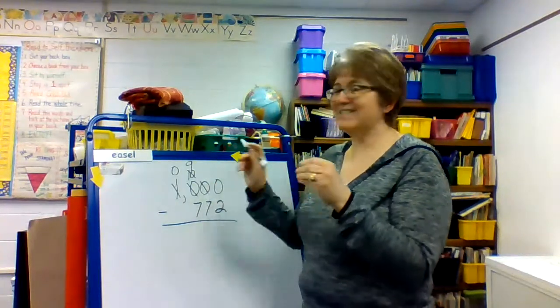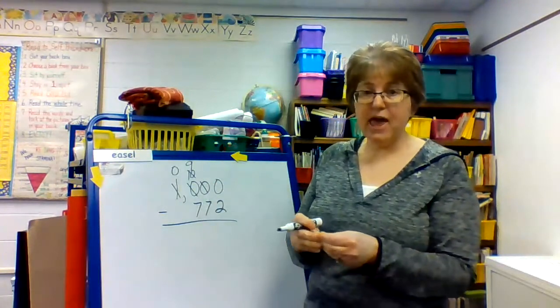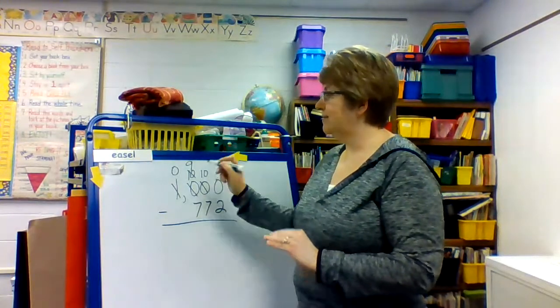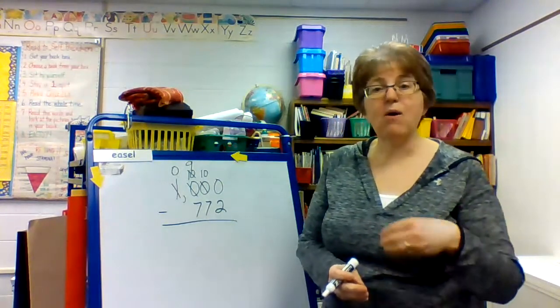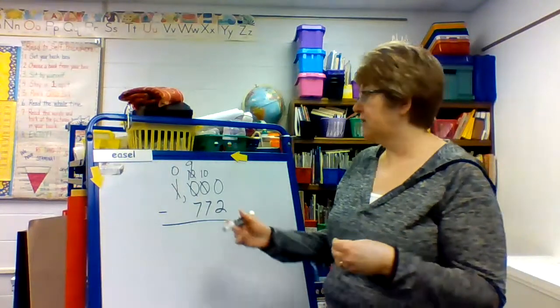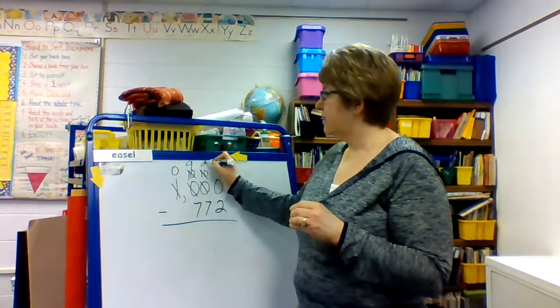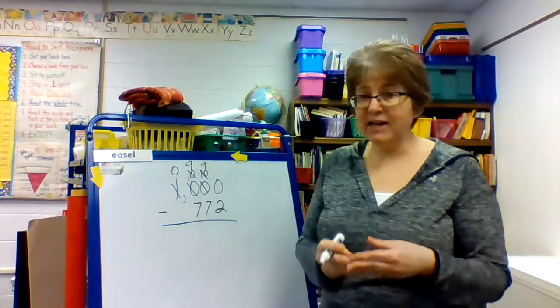Now I'm going to trade that 100 for 10 tens and put it with the 0 that I have, which will give me 10. So now I have 10 tens. Now I take a 10 away, and that's going to leave me with 9 tens.